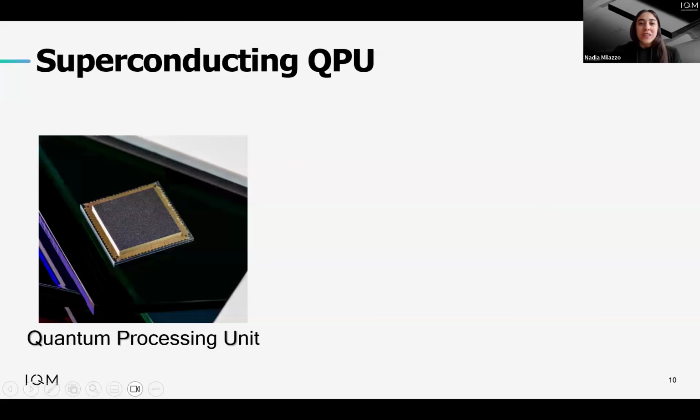Okay. So now that we have discovered where the QPU is inside this block, we want to go still a little further. We want to see inside this QPU.